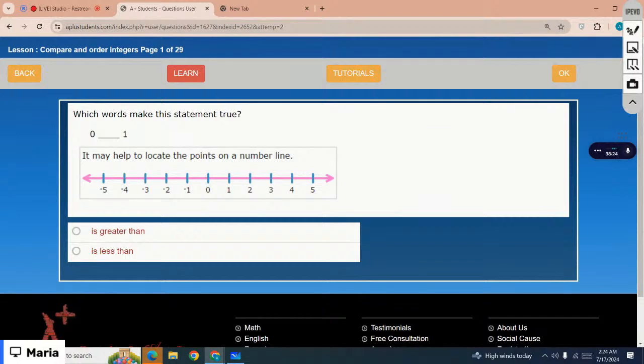So 1 is greater than 0. The correct option is 0 is less than 1.